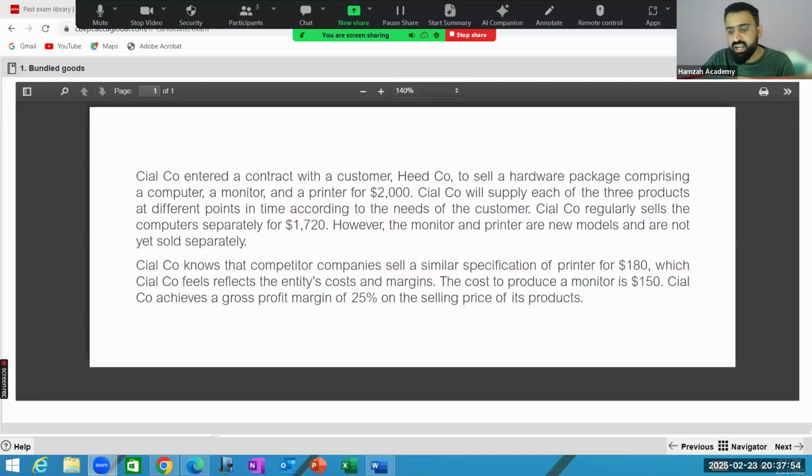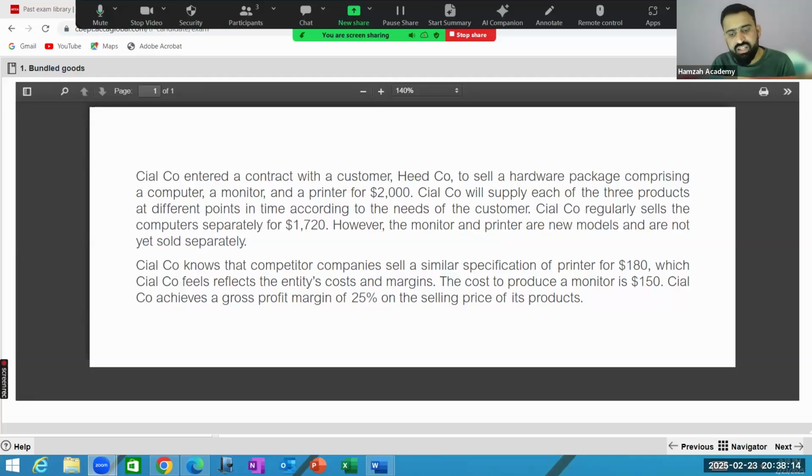However, the monitor and printer are new models and are not yet sold separately. So these are the new products. Before this, they haven't sold it separately.